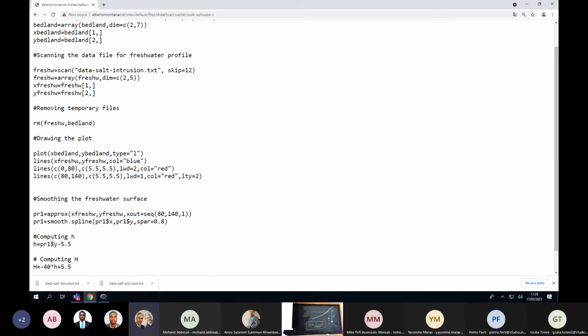And you see that here there are 2 instructions which display the line of the sea level.